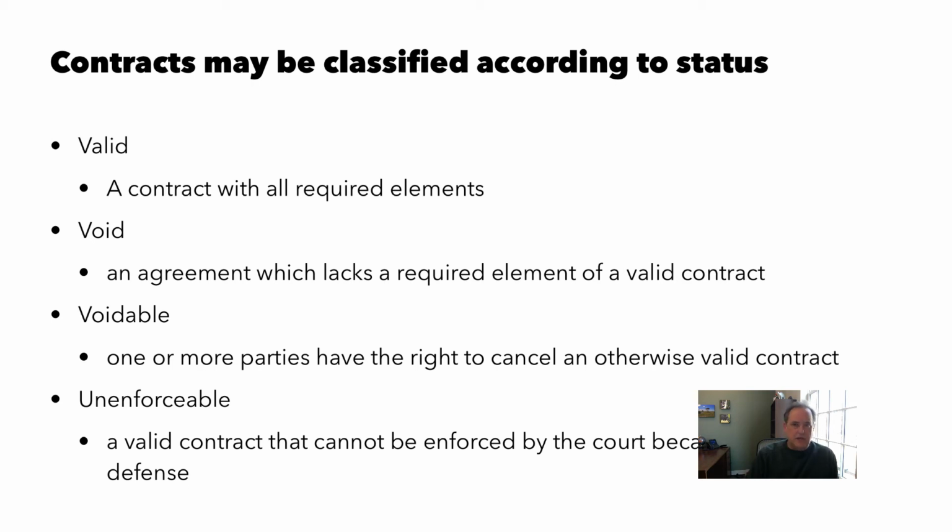So in the case of the statutory defense of statute of limitations, that means that I have a valid contract, you have breached the contract, but if I have waited longer than the allowed time period, then I'm going to be without the chance of recovery. I cannot bring that case. So it is an otherwise valid contract that is now unenforceable.